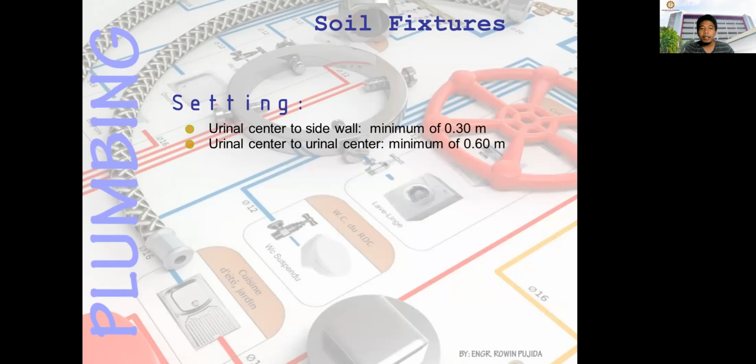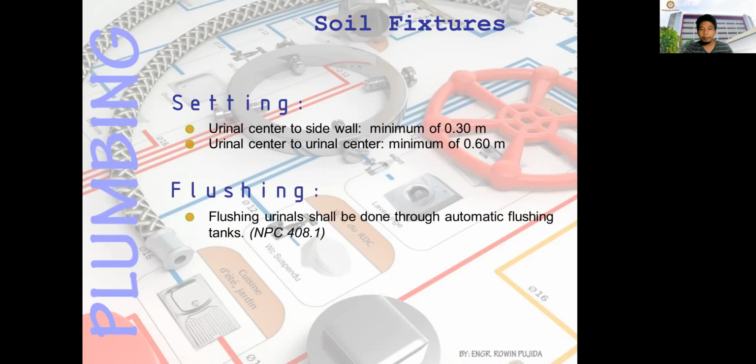And urinal center to urinal center should have at least a minimum of 0.6 meter. So from the center of your urinal to a wall, it should be at least 30 centimeters, okay? And for urinal to urinal, it should have a distance of at least 60 centimeters or 0.6 meters.